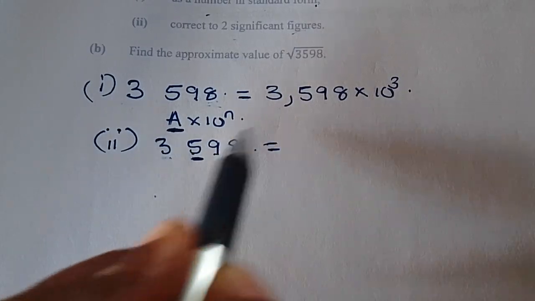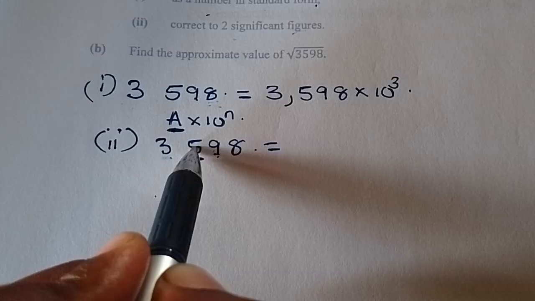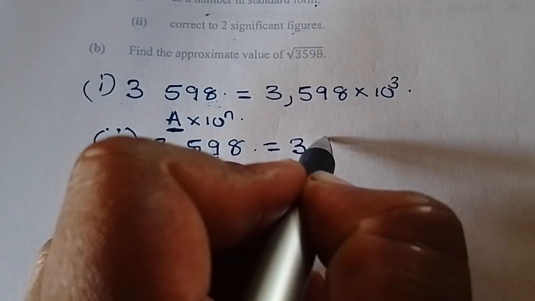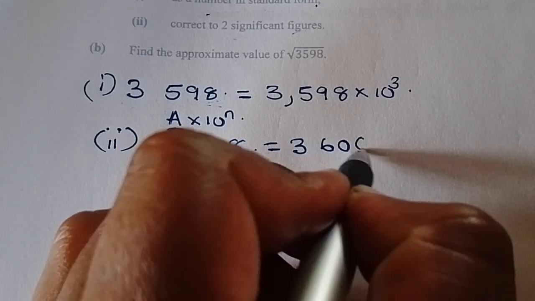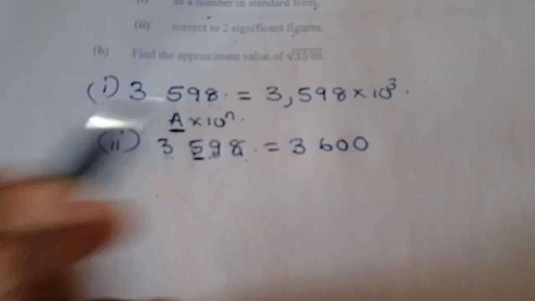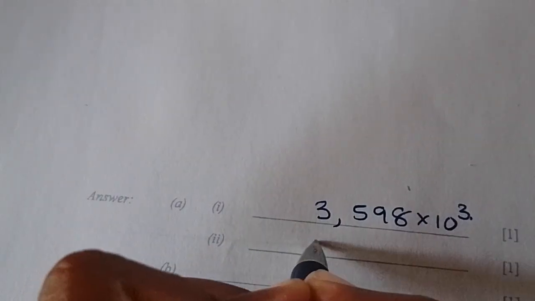Is it 5 and above or below 5? It's 5 and above, so we add 1 unit there. It becomes 3, 6, 0, 0. The last two digits are reduced to 0 and 0, but we add 1 to the 5. So it's 3,600.